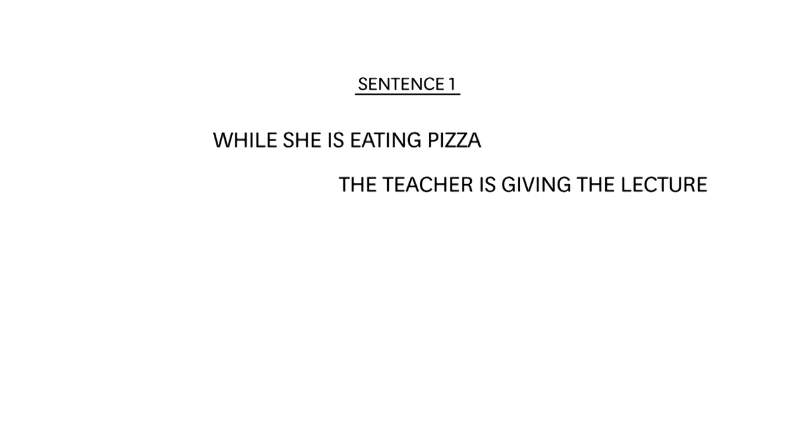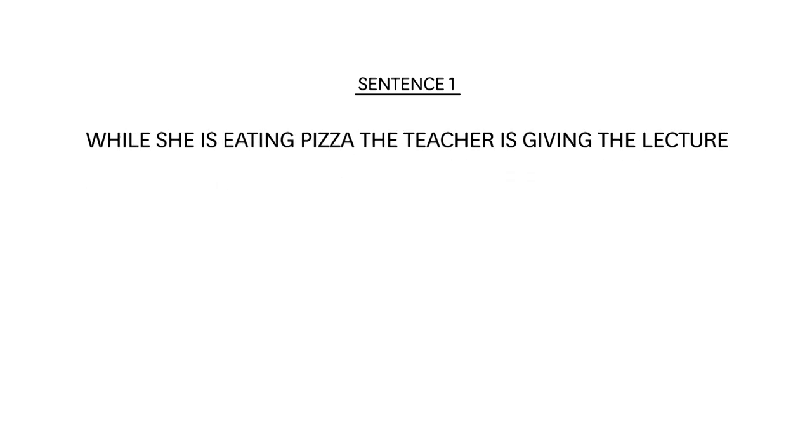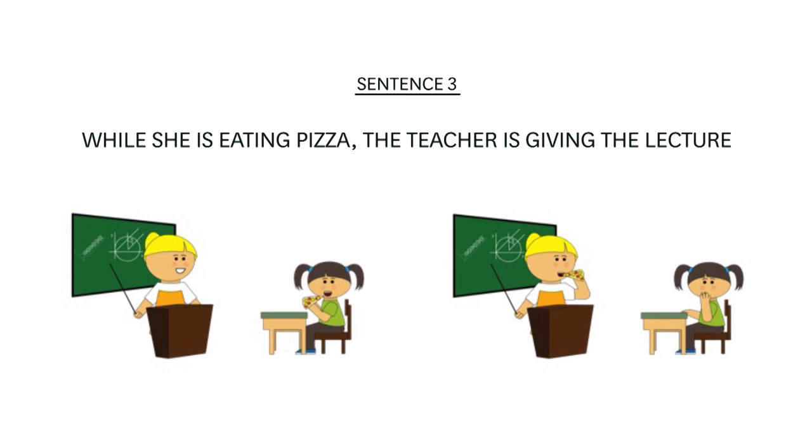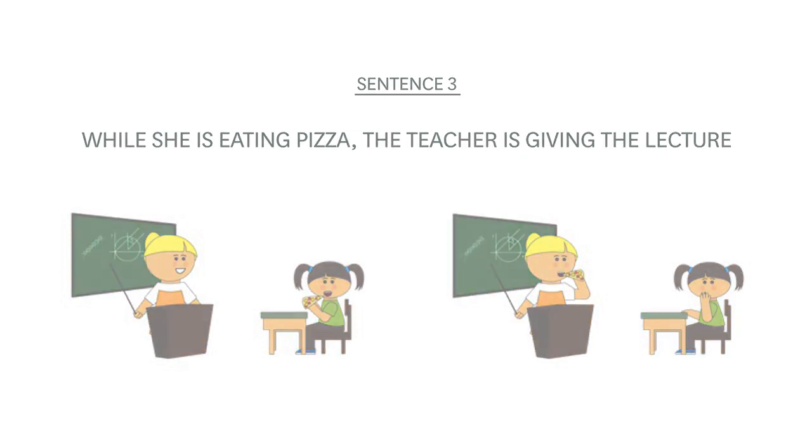We will move this clause to the front of the sentence so the pronoun she precedes the noun phrase the teacher once again. Here is the sentence that results. While she is eating pizza, the teacher is giving the lecture. This sentence is also ambiguous. Although the pronoun she comes first, it can be used to refer either to the female student or to the teacher. The sentence provides true descriptions of two different situations.